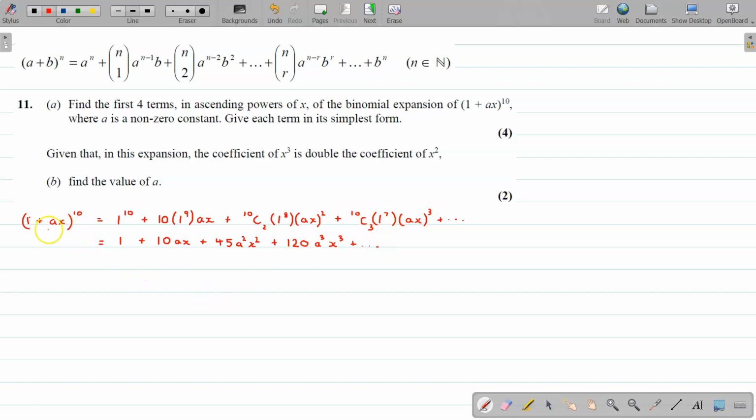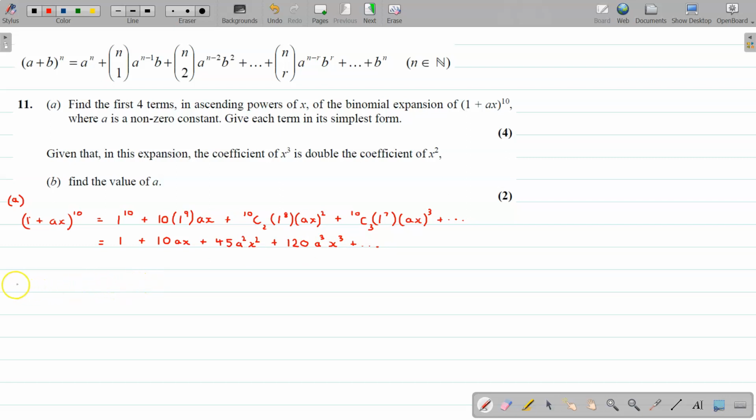That's question A. Now, question B is asking us to find the value of A, given that the coefficient of x cubed is double the coefficient of x squared. Well, that's quite easy. The coefficient of x cubed is 120a cubed.